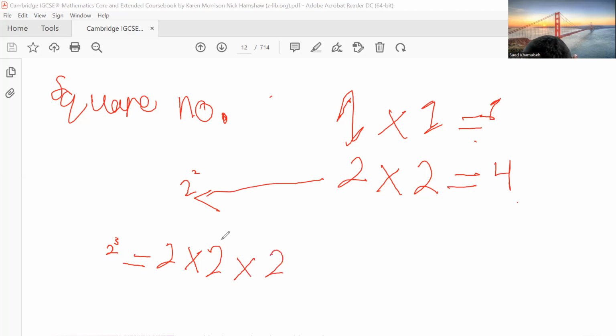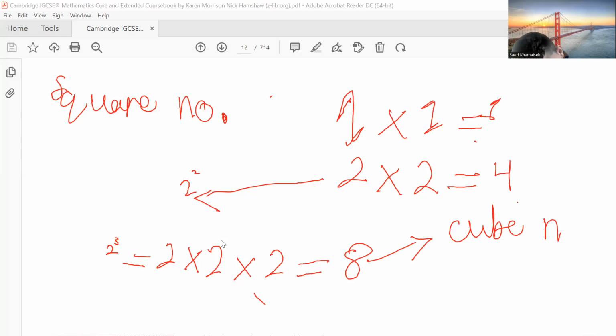Now when I multiply 2 times 2, it is 4. Okay, now 4 times 2, it is 8. That is called a cube number.